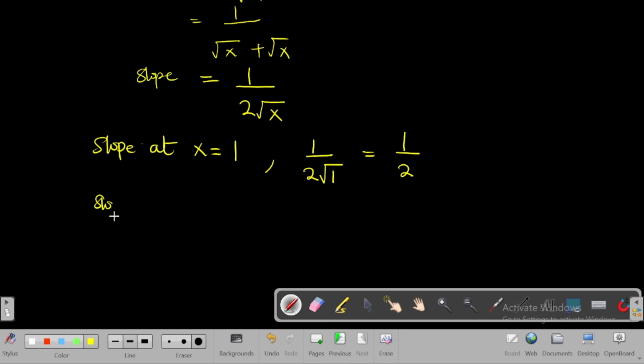Now slope at x is equal to 4 becomes 1 over 2 square root of, wherever I see x equal to 4, comes 1 over 2 multiplying the square root of 4 is 2, comes 1 over 4.